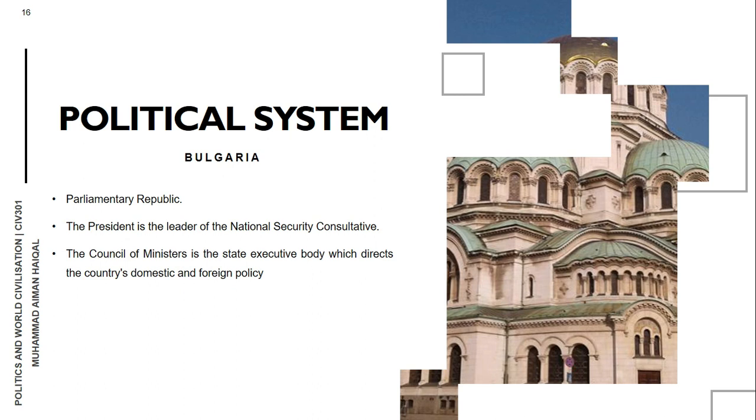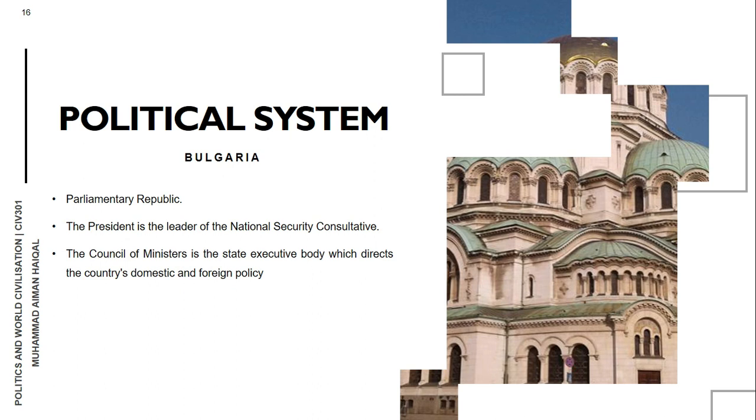Okay, the political system of Bulgaria. Bulgaria is a parliamentary republic. The president acts as the representative of the head of state and leader of the armed forces.